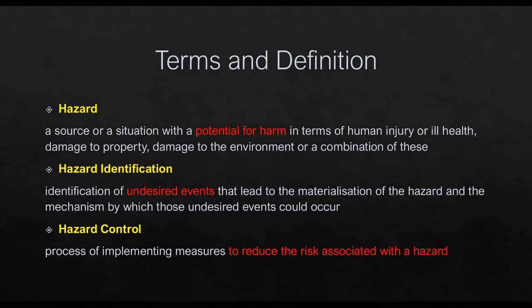Okay, the hazard is the potential for harm to humans in terms of injury or ill health. Not only human health and injury, but also potential to harm property, which is damage to property, damage to the environment, or a combination of these. So this is hazard.